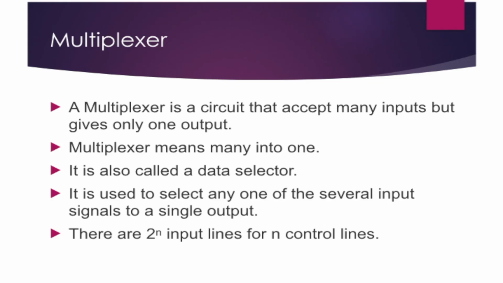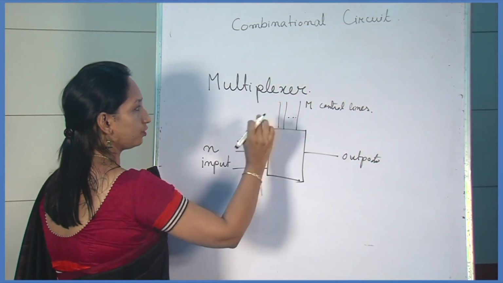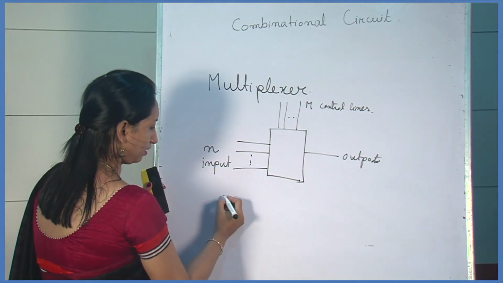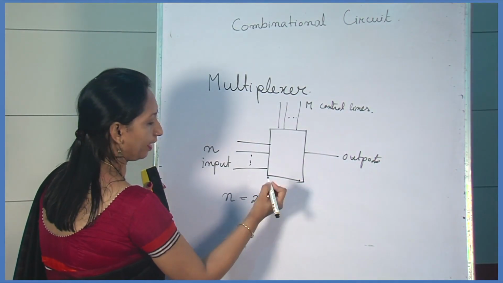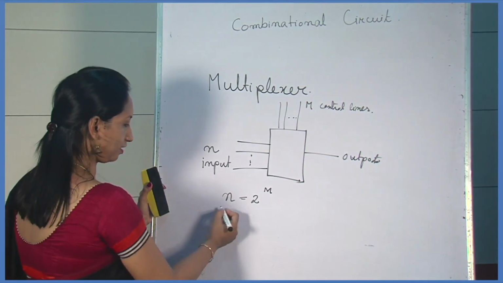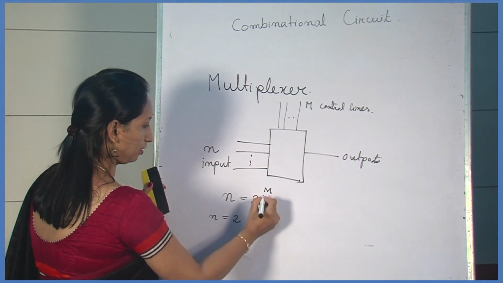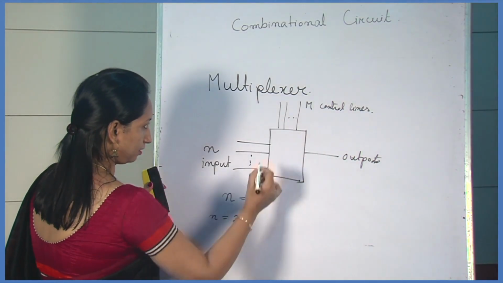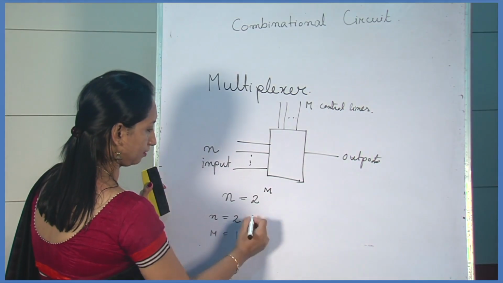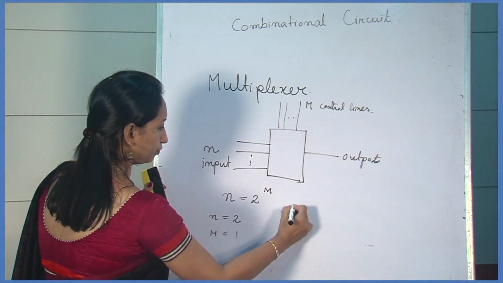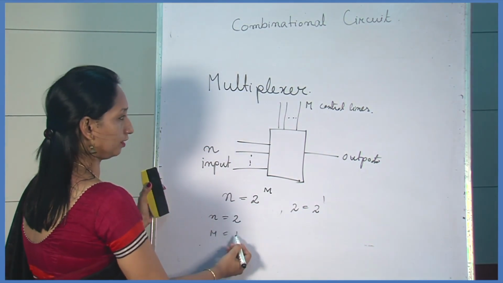signals to a single output. The relation between the number of inputs and the control lines is n equal to 2 to the power m. That means if the number of input lines is 2, then the number of control lines m will be 1, because 2 is equal to 2 to the power 1. So m will be 1.